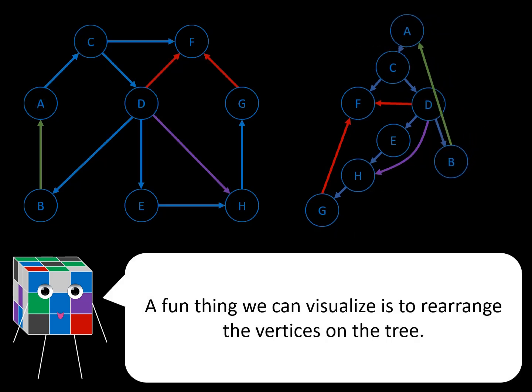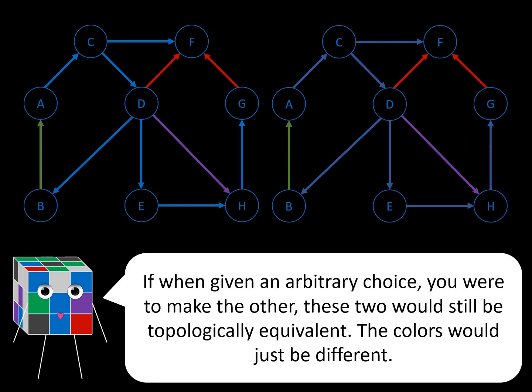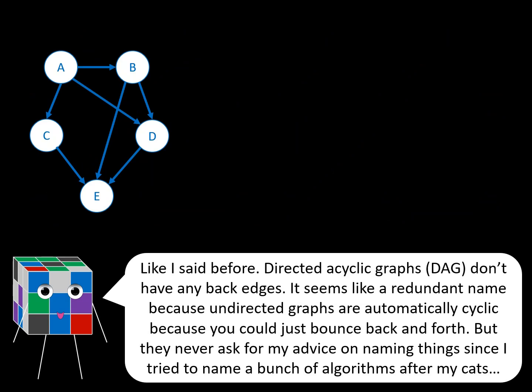A fun thing we can visualize is to rearrange the vertices on the tree. If, when given an arbitrary choice, you were to make the other, these two would still be topologically equivalent. The colors would just be different. Like I said before, directed acyclic graphs, DAG, don't have any back edges.